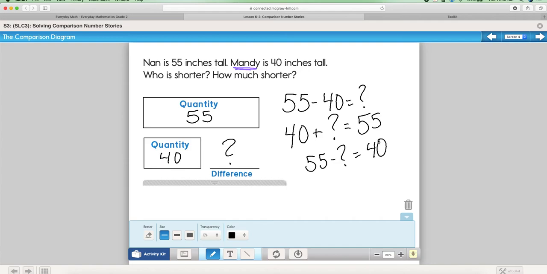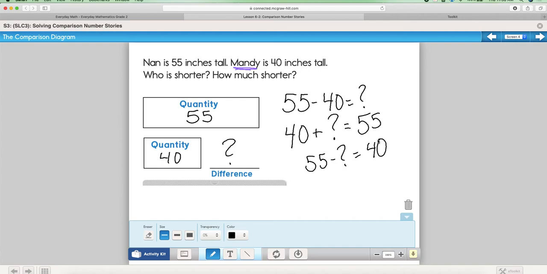Okay, but then that's not your answer, Kaden. Great, Vanessa, thank you. Figure out what that would be, Kaden, if you started at 55 and you counted back 40.